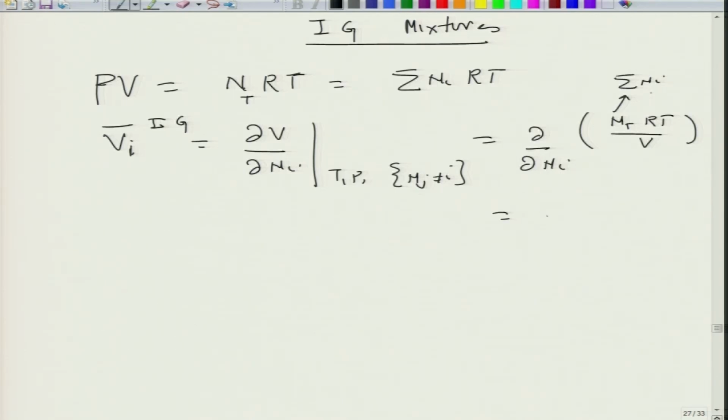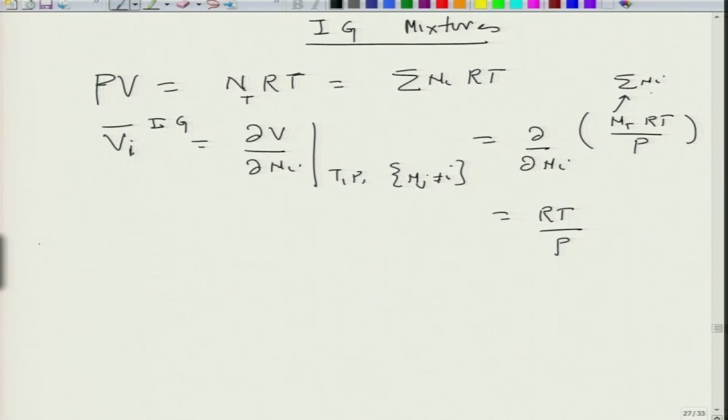So, what you obtain is RT by P. So, this is for the ideal gas, the partial molar volume of i.